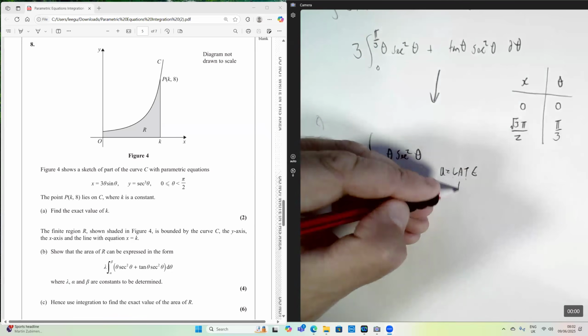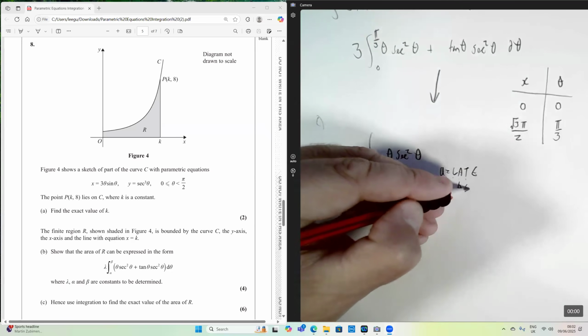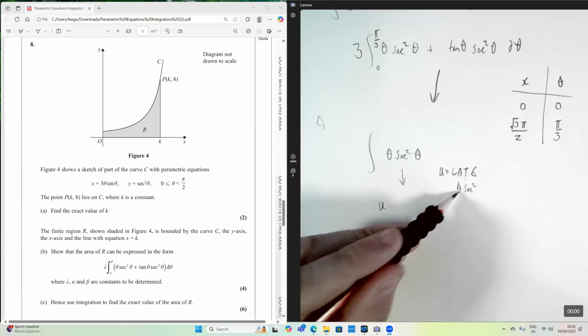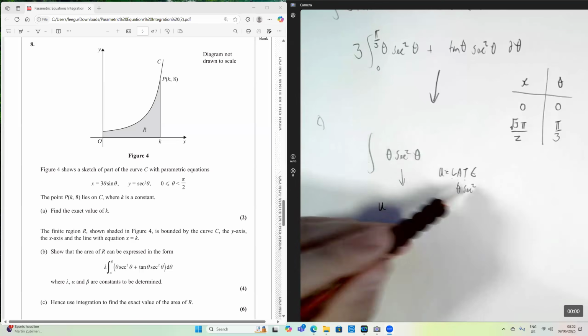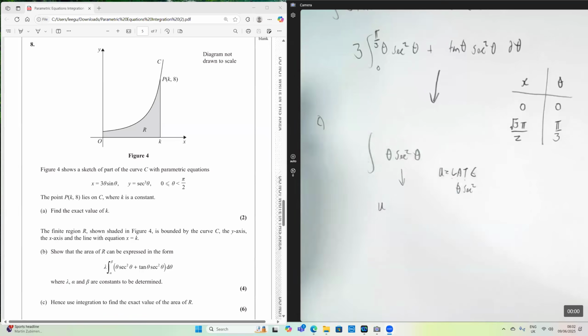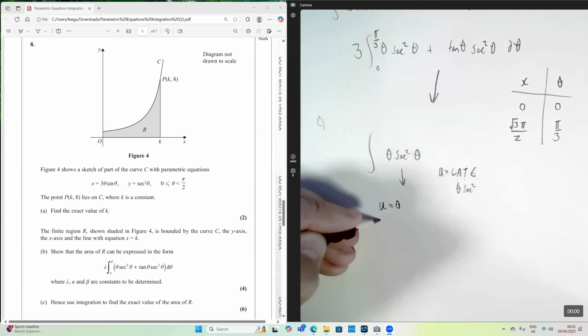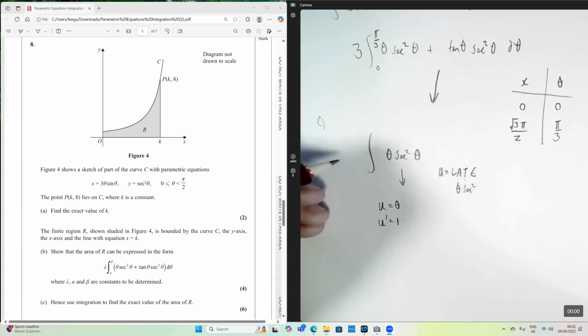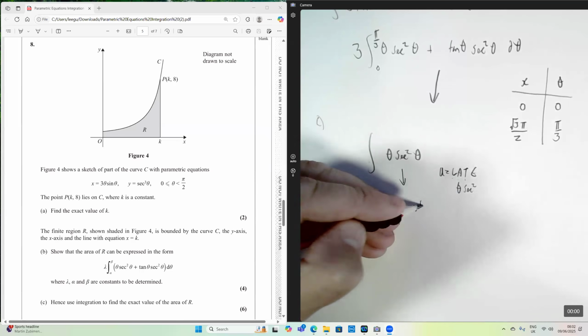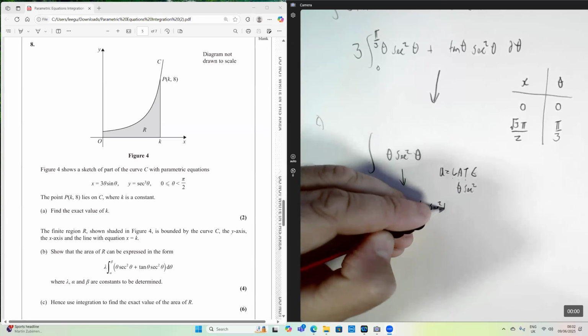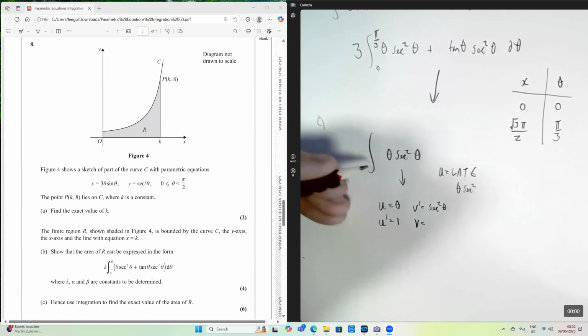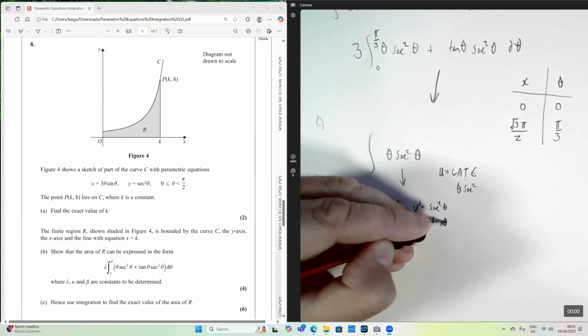We've got here algebra and trigonometry, so the algebra trumps the trigonometry. So u is going to be theta, therefore u dashed is going to be 1. The v dashed is going to be sec squared theta, so therefore v is going to equal tan theta.